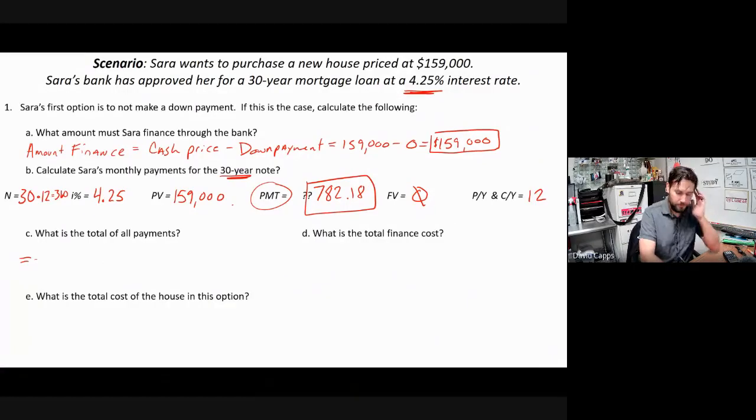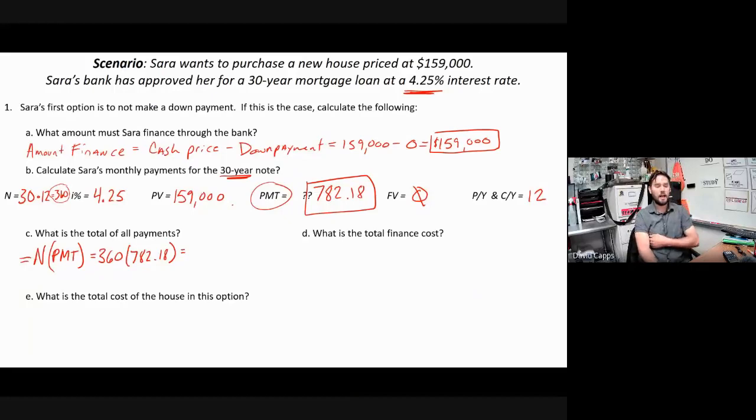So this is equal to the number of payments. That's actually capital N there, which is 360, times her payments, PMT. I'm going to be multiplying those two. Capital N being 360. That's how many times she's going to pay the payment of $782.18.